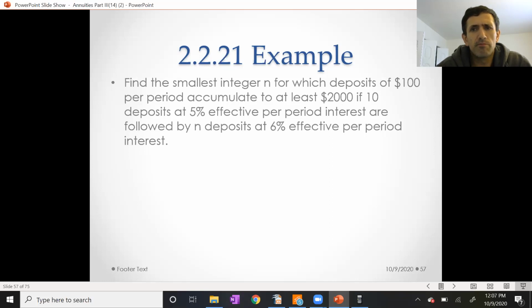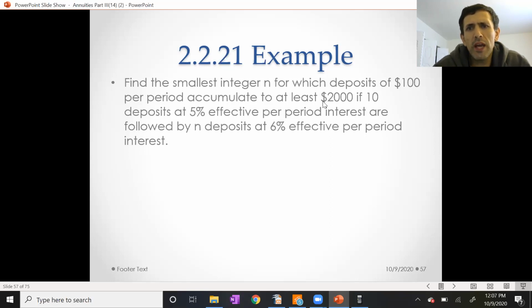So we have an annuity that lasts n periods, and at the end of each period we deposit $100. I don't think I make it clear in here whether it's at the beginning or at the end of each period, but it is at the end of each period. I would make that clear on a quiz, exam, or homework.